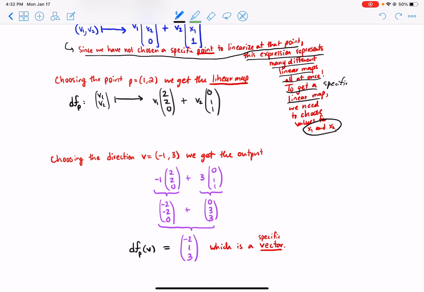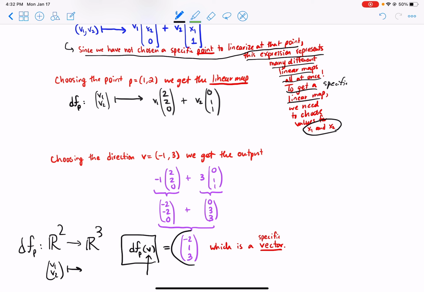And this is a good notation. See, this is the notation for plugging in an input value. Since df sub p is a map that has inputs, again, R2, and outputs, again, R3, we plug in some vector v, and we get out another vector out here.